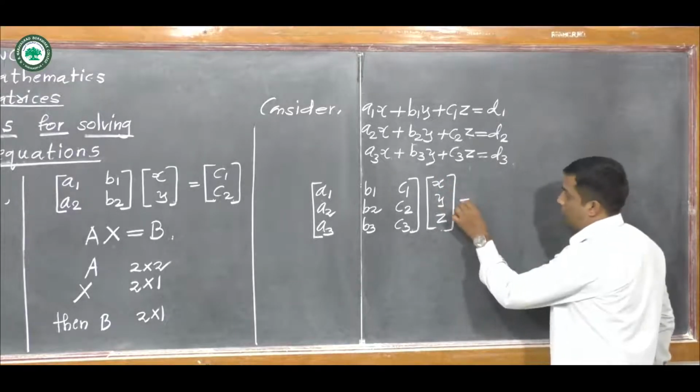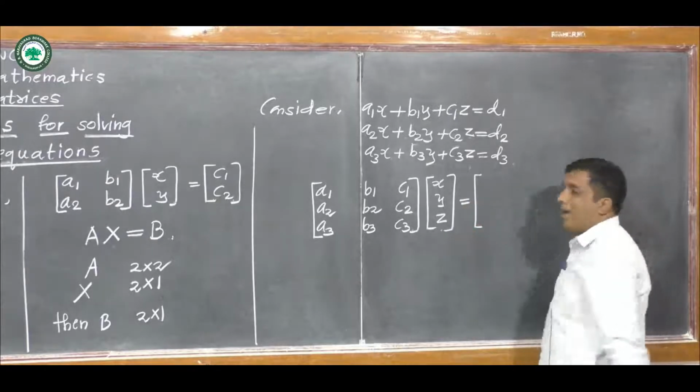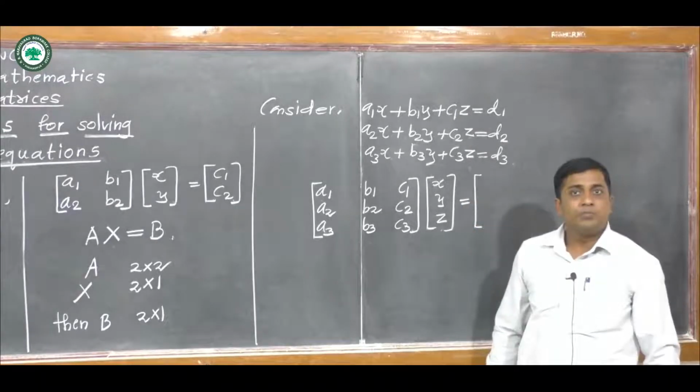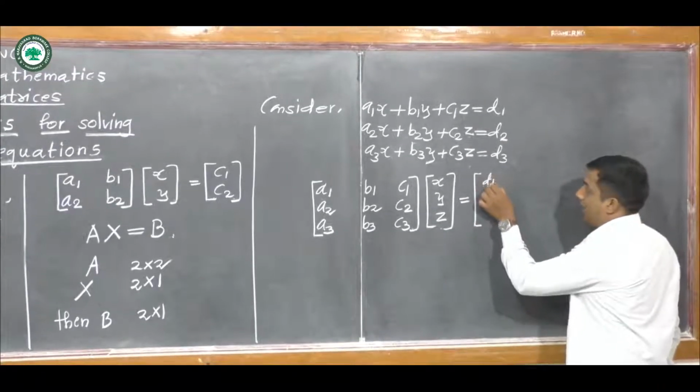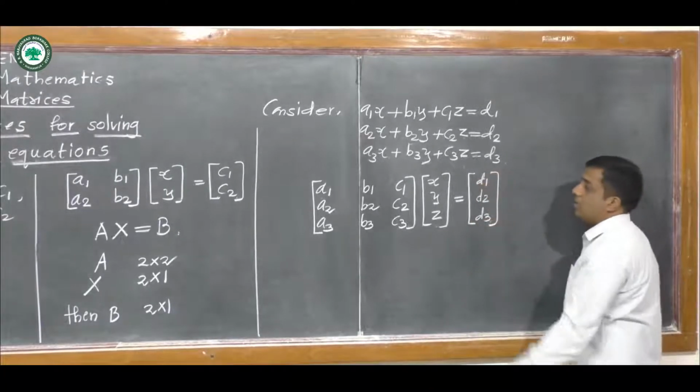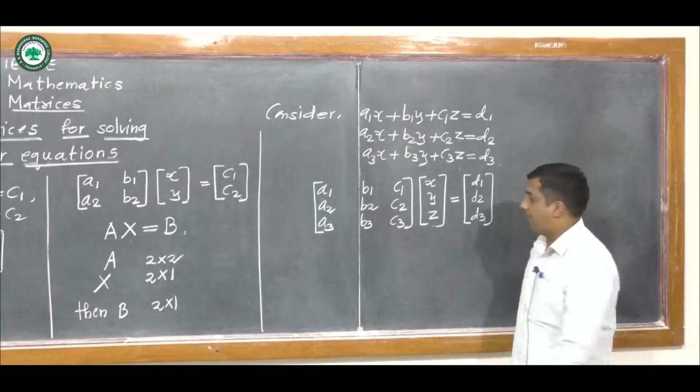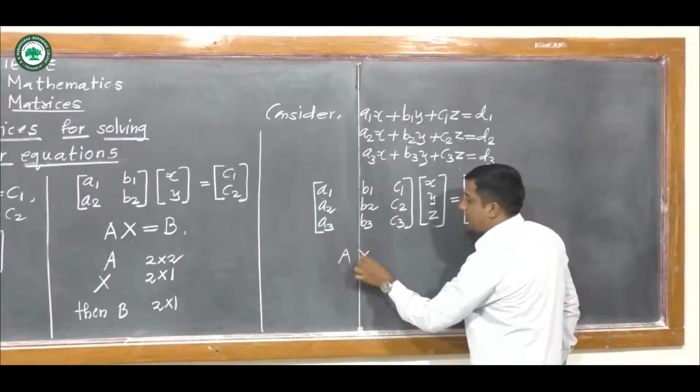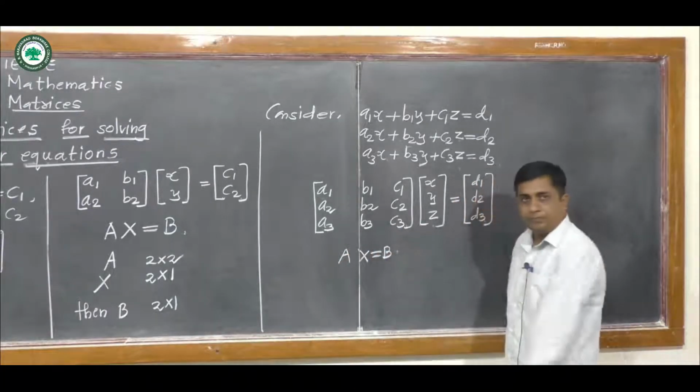This is equal to the matrix of constants, d1, d2, d3. So again this is in the form AX is equal to B.